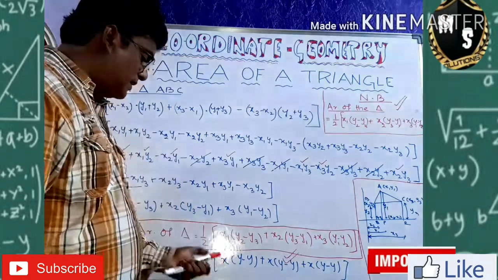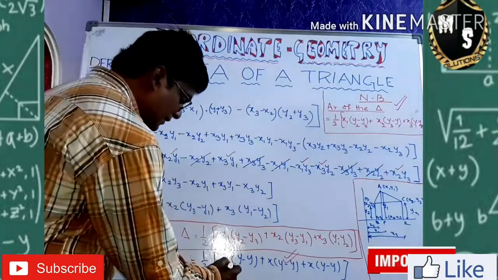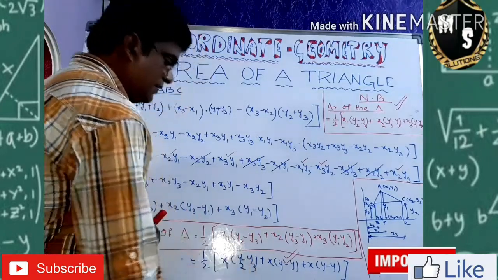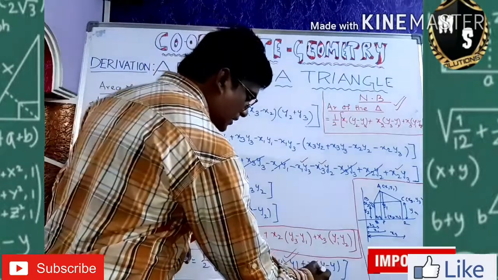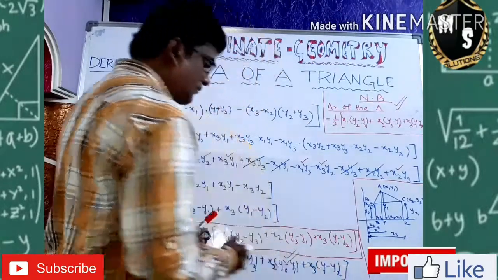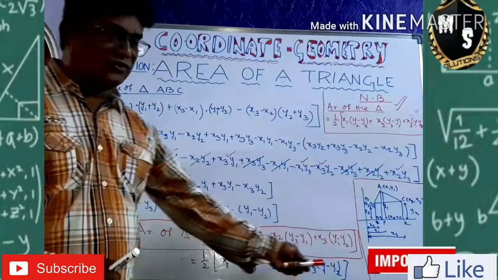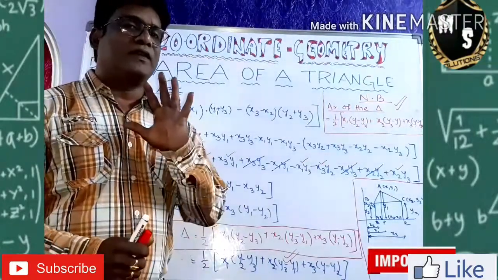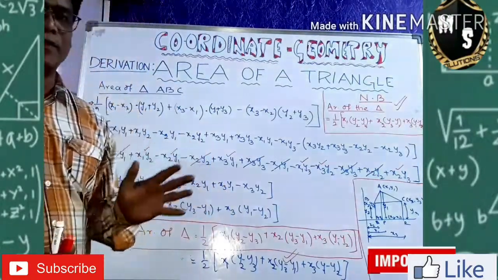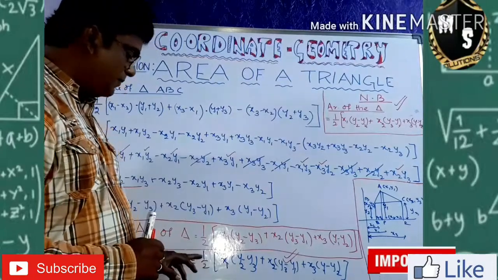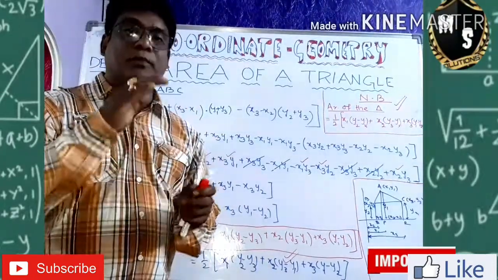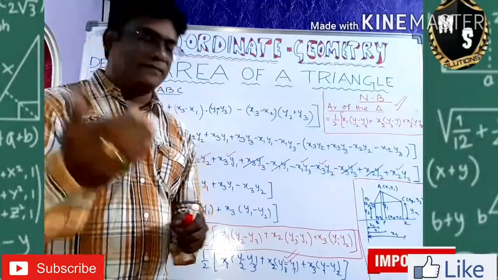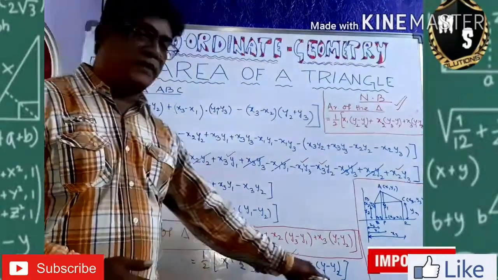Put it. 123, and 231, and 312. If you write like this also, it will be easy for you to remember the formula. So what I did: half into x into y minus y, x into y minus y to be written another 2 times.